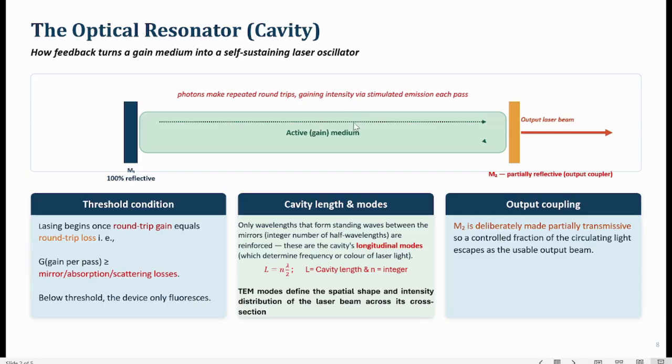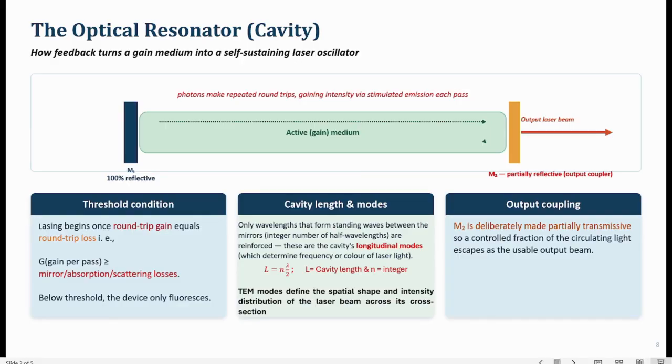The second important component is some kind of mechanism used for pumping, to raise the atoms of the active medium from lower levels to the higher or excited levels.